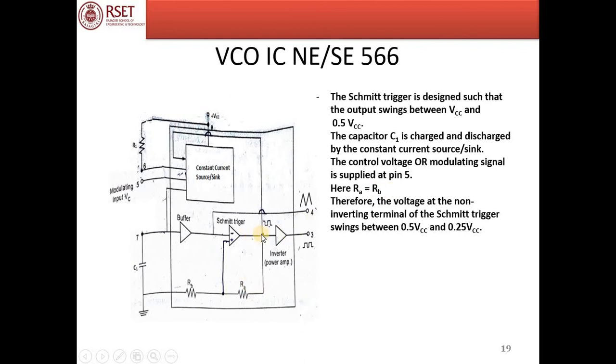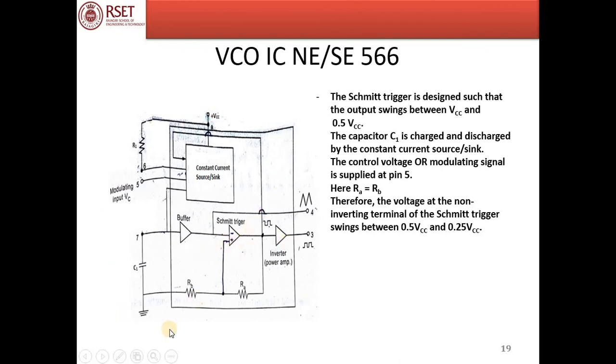So we said the Schmitt trigger output varies between VCC and 0.5 VCC. So when the Schmitt trigger output is VCC, the voltage at this terminal is 0.5 VCC by the application of this potential divider. RA and RB are equal. And when the Schmitt trigger output is 0.5 VCC, the voltage at the non-inverting terminal is half of that, 0.25 VCC.